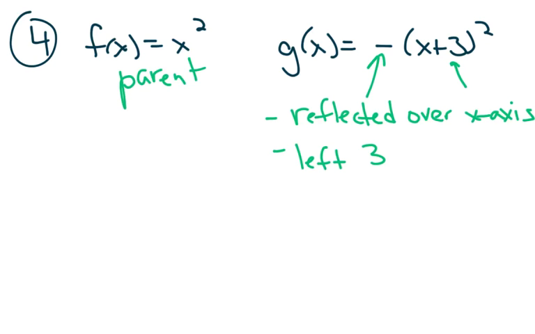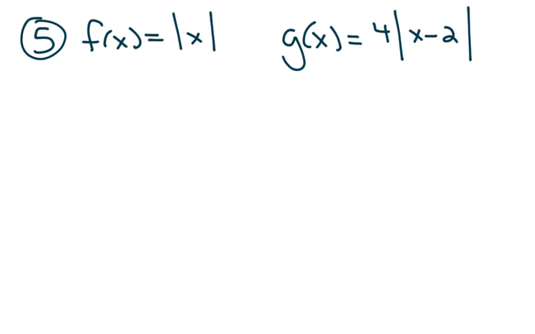At the beginning of the problem, make sure you ask yourself how many transformations are being performed on the parent function before you write them down. In number 5, the parent function is absolute value of x. In the new function, there are 2 transformations.